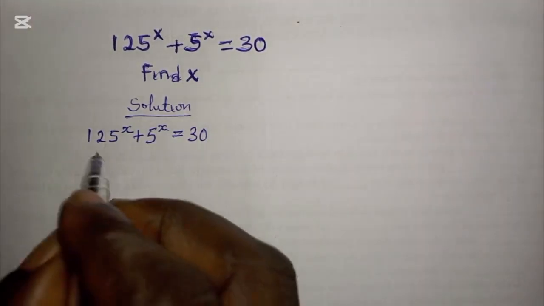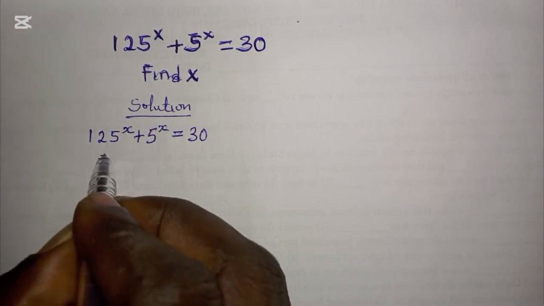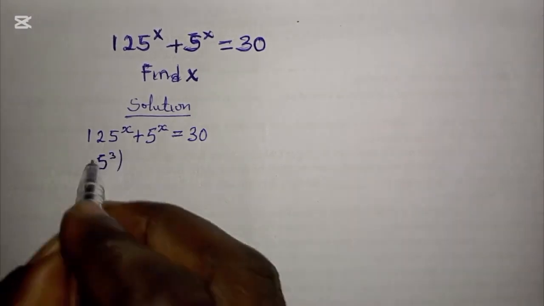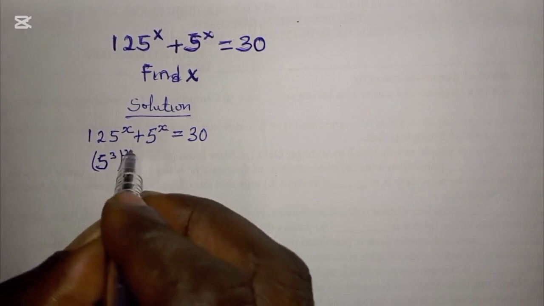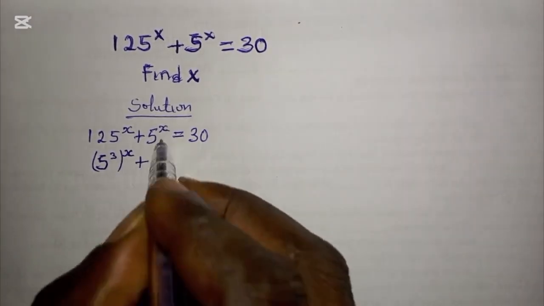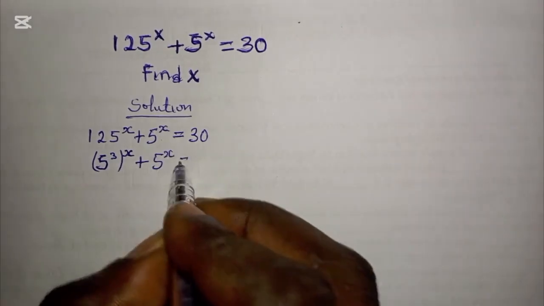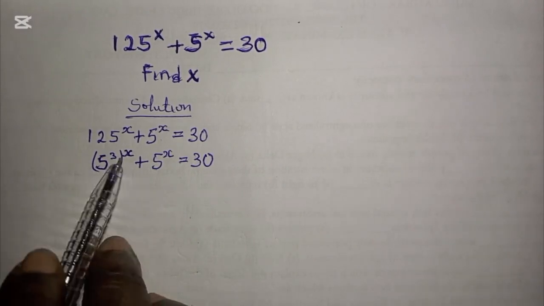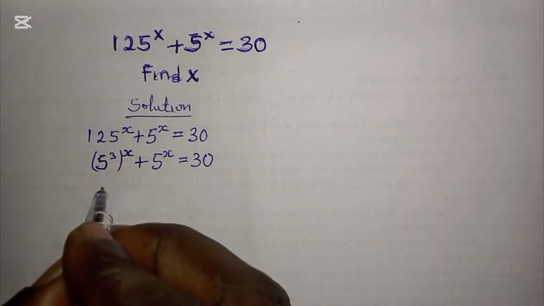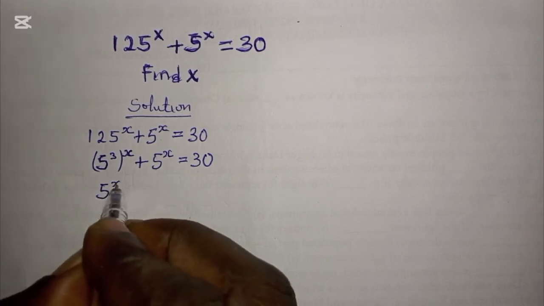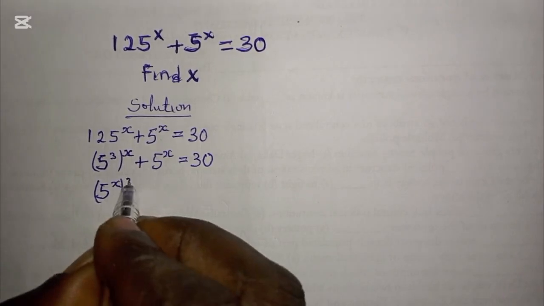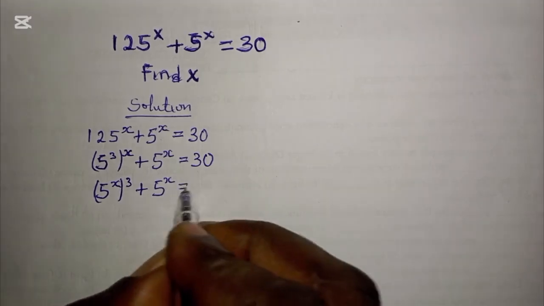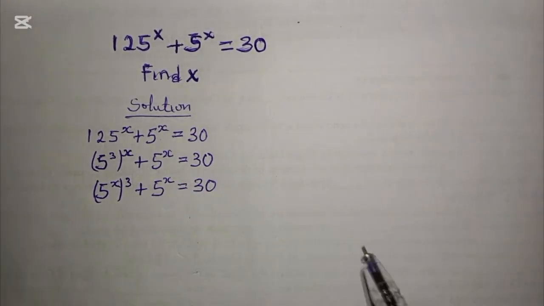So we can write 125 as 5 raised to the power of 3, then raised to the power of x, plus 5 raised to the power of x equals 30. So what do we do next here? We can rearrange this to be in this form: 5 raised to the power of x, all raised to the power of 3, plus 5 raised to the power of x equals 30.